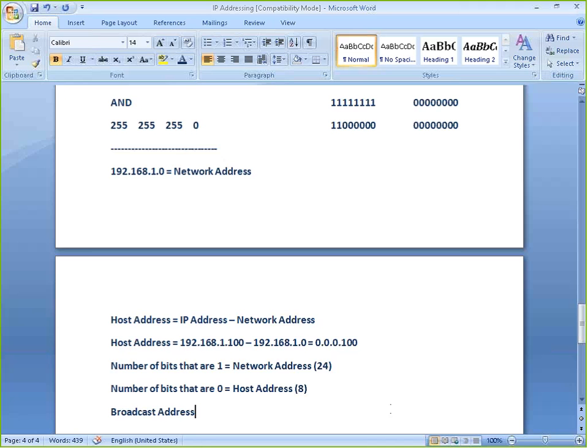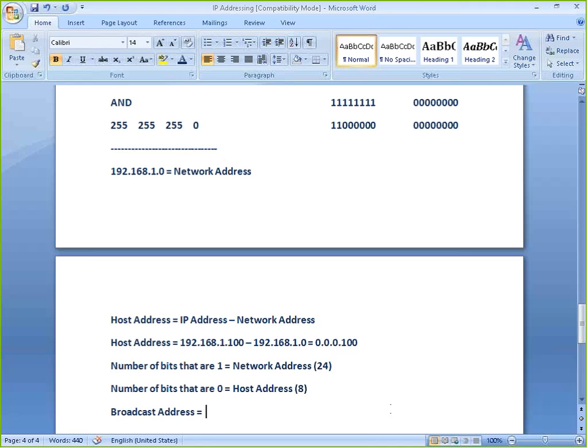Let's talk about how to calculate the broadcast address. The simplest way to calculate the broadcast address is to make all the host bits in a network address all ones. You look at the number of host bits and convert all the host bits to 1.